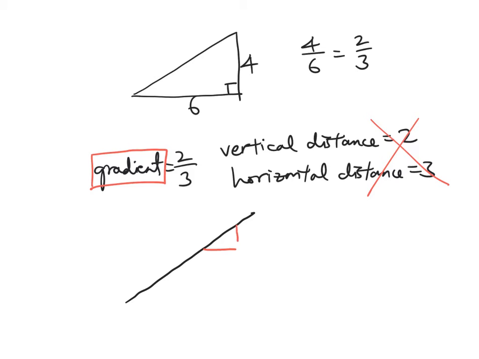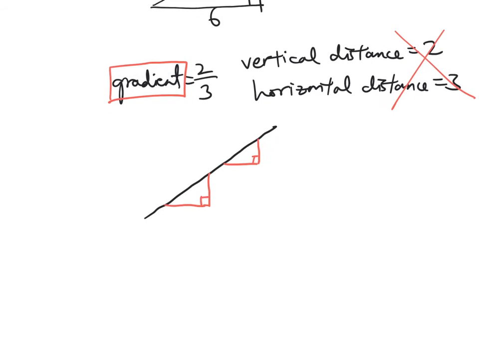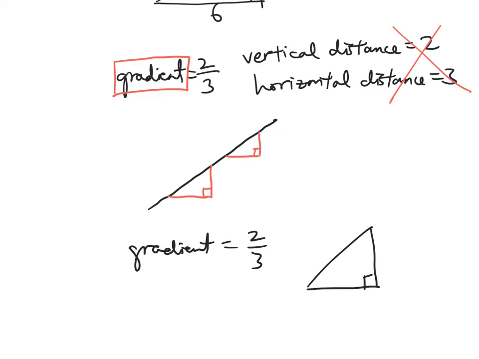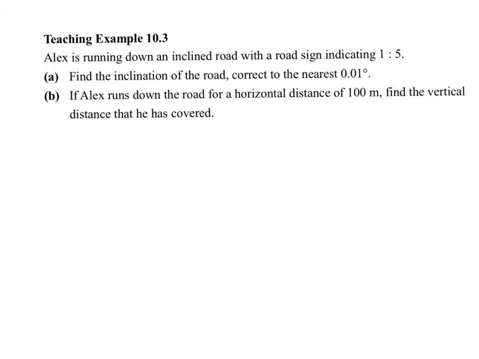So the steepness anywhere on the same road will be the same. Then gradient equals 2/3 means that it's only in the ratio of 2 to 3. So 2x is the vertical distance and 3x is the horizontal distance.